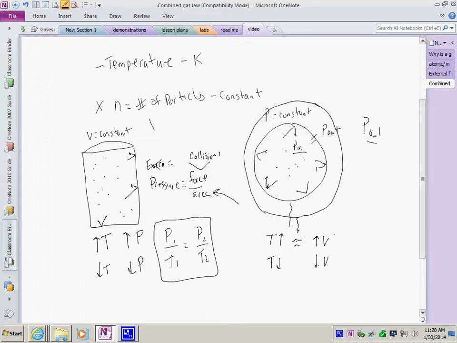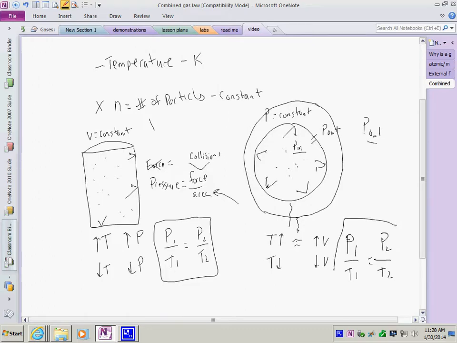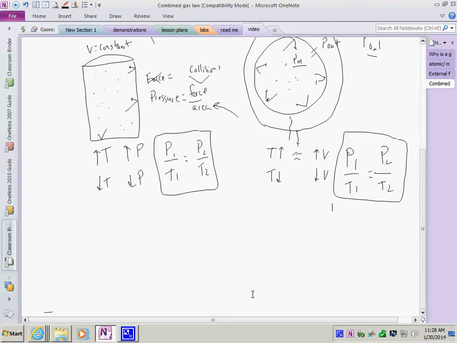This is also a linear relationship, which is going to be V1 over temperature 1 equals V2 over temperature 2. Given there are 4 variables, given 3 of them, I could find the 4th one.